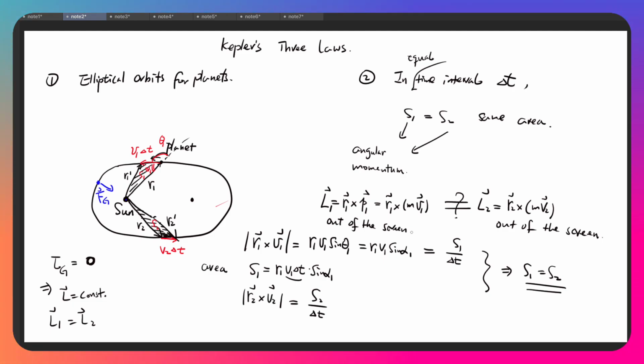That's Kepler's second law. Now Kepler's third law is about the periods of planets.